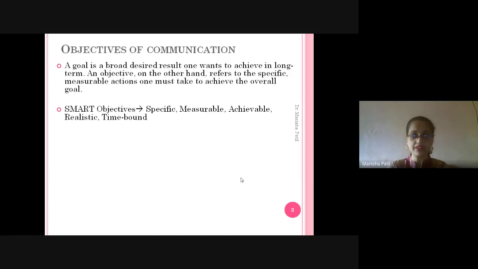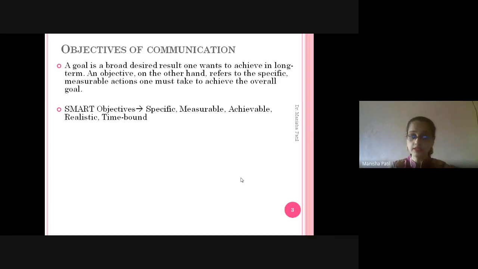It is very specific. It is measurable. You can measure one by one whether you have understood or not, whether you have achieved your objective or not. Then the third one is achievable. Can you actually do it or you cannot do it? That is achievable. Then realistic.